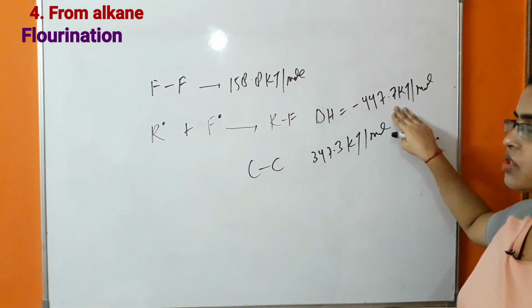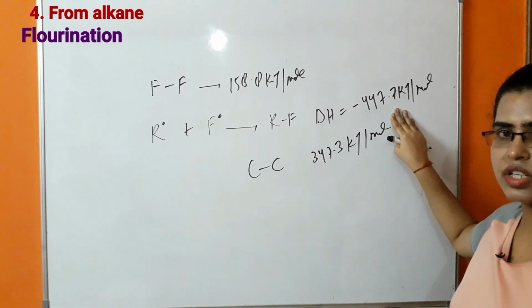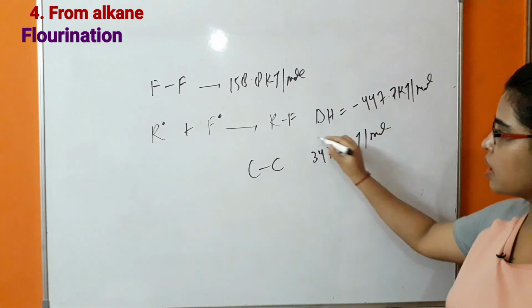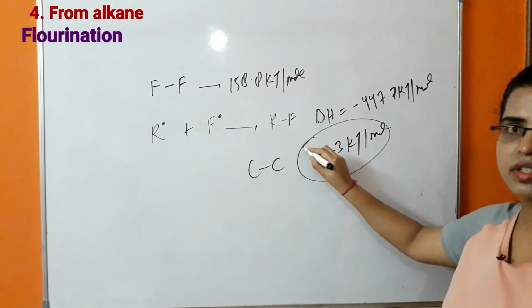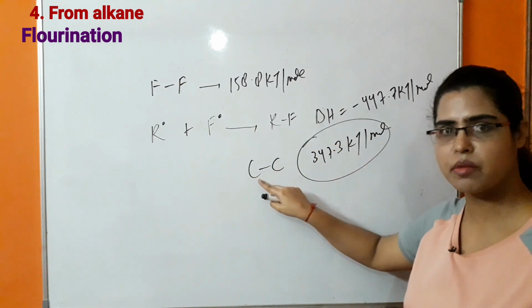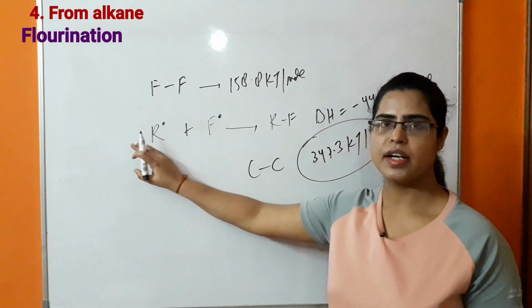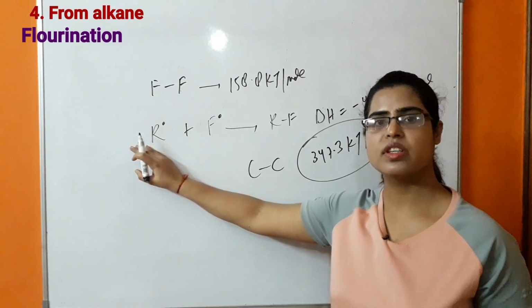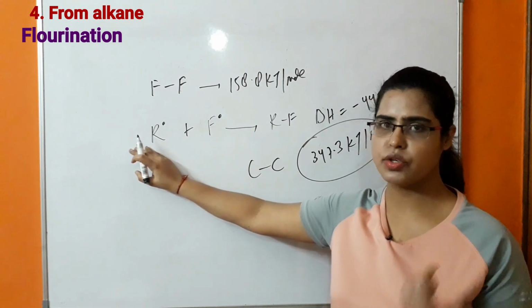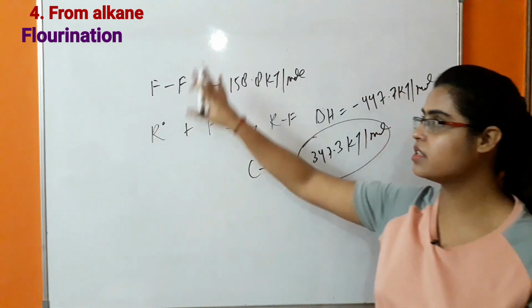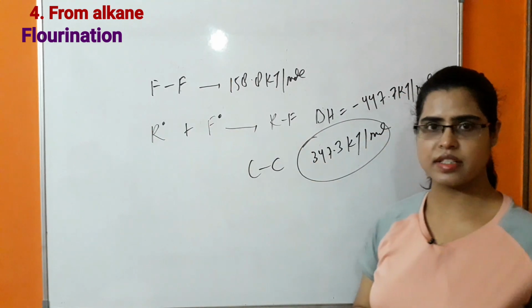Because during this reaction a very large amount of energy is released, which overcomes the energy needed for the cleavage of carbon-carbon bond. Because of that, fission of this hydrocarbon molecule occurs, due to which the desired product is not obtained. Because of that, this reaction is having less significance.